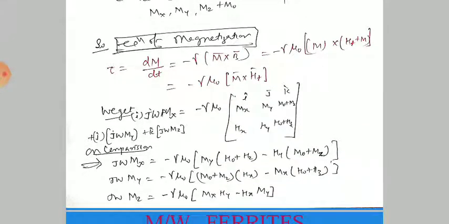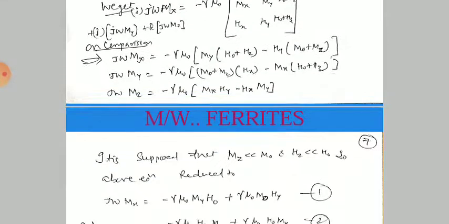So j omega Mx equal to minus gamma mu0 [My (H0 plus Hz) minus Hy (M0 plus Mz)]. Similarly for My: j omega My equal to minus gamma mu0 [(M0 plus Mz) Hx minus Mx (H0 plus Hz)]. Lastly j omega Mz equal to minus gamma mu0 (Mx Hy minus Hx My).